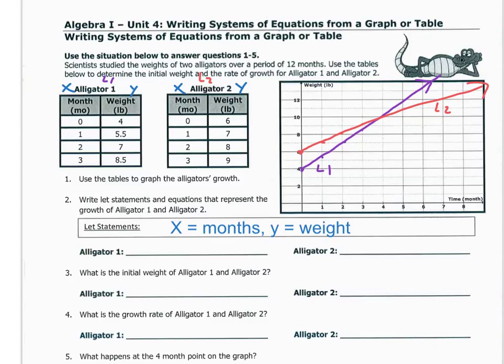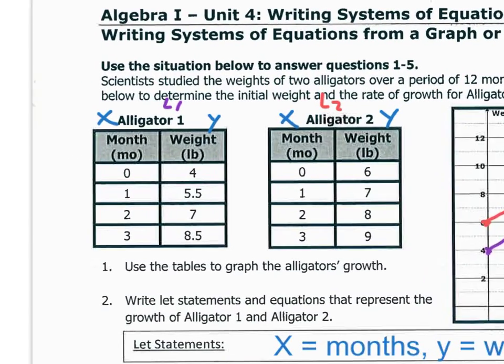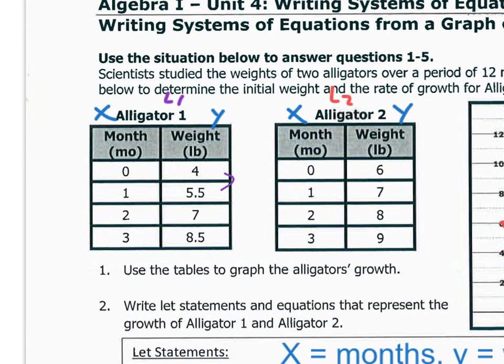Well, if we're going to write the equations of both of them, it's easy whenever you have a graph because you can see the y-intercept and your slope to start with. So for alligator 1, we know that by looking at the table, our y changes by 1.5 each time, and our x changes by 1.